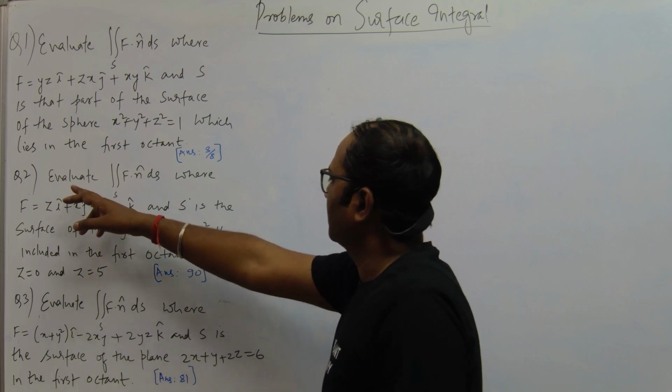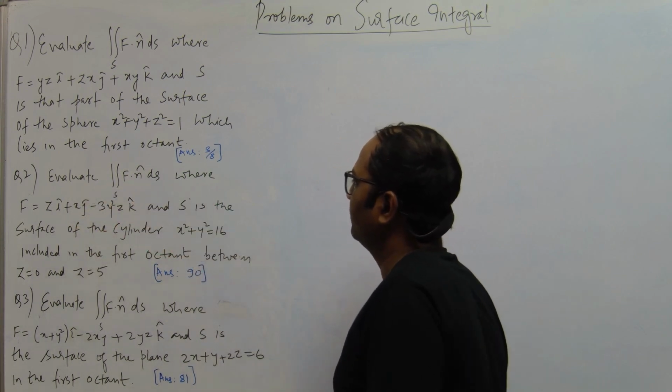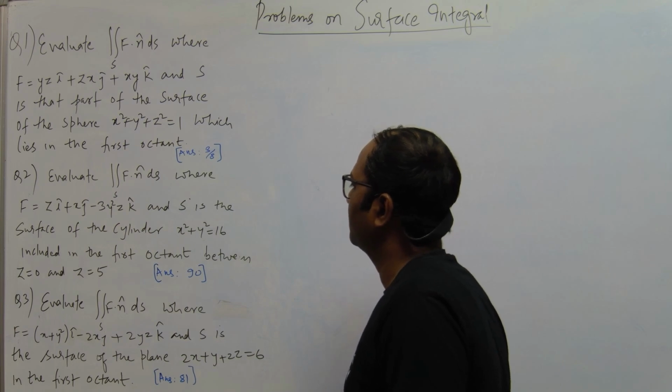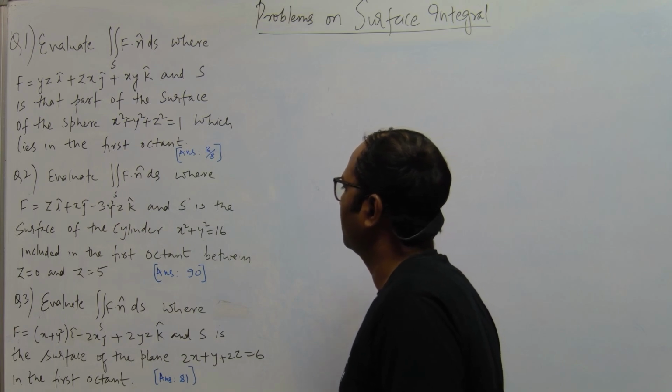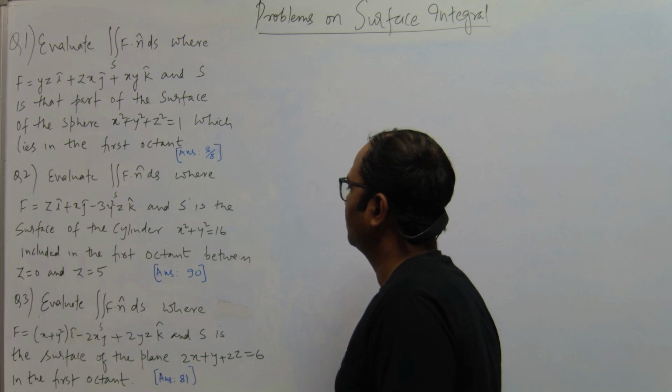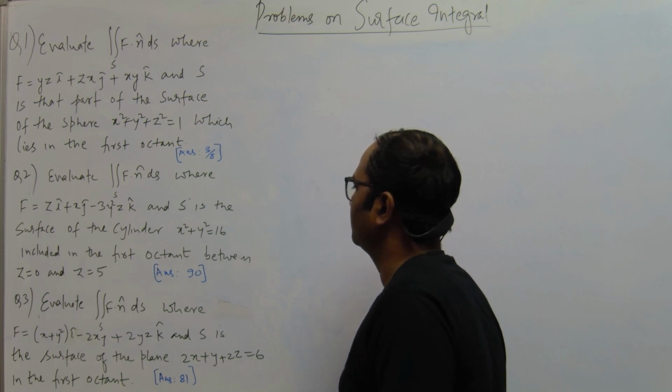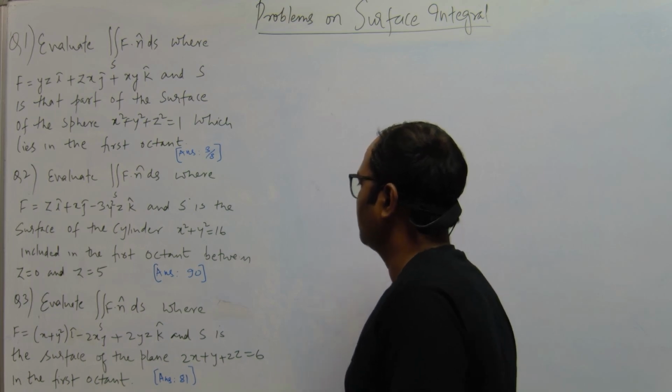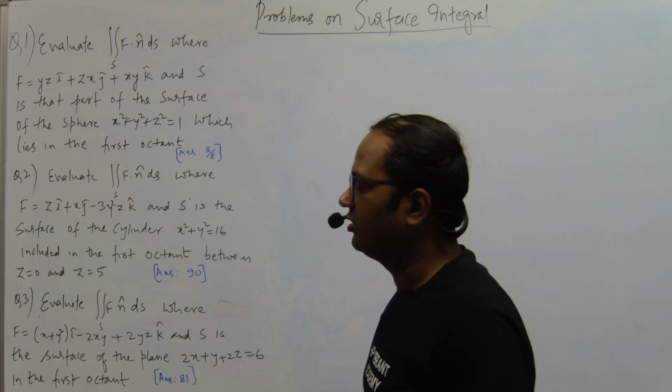Now we have the second question. Evaluate the surface integral of F dot n cap ds, where F is equal to z i cap plus x j cap minus 3y square z k cap, and S is the surface of the cylinder x square plus y square is equal to 16, included in the first octant between z is equal to 0 and z is equal to 5.